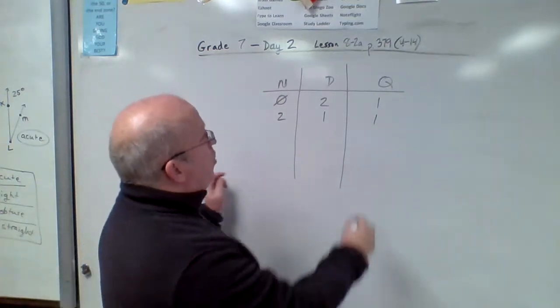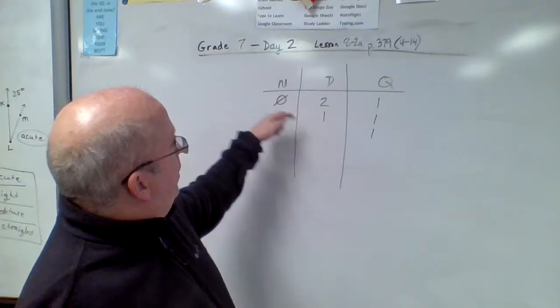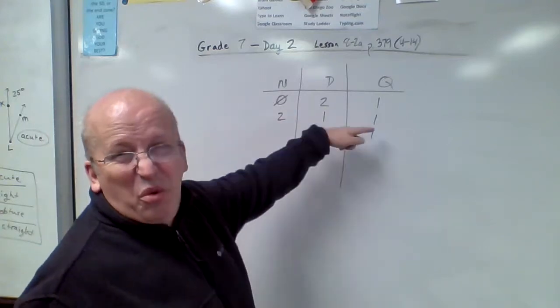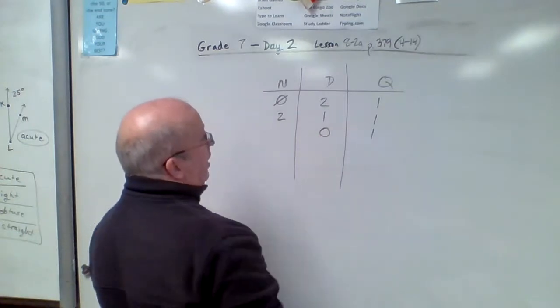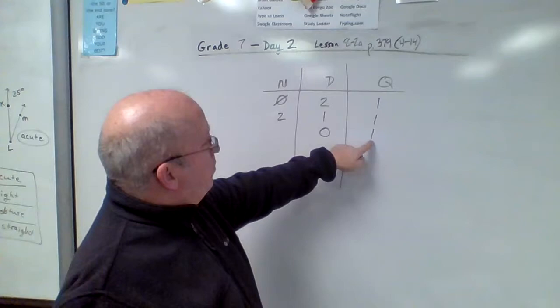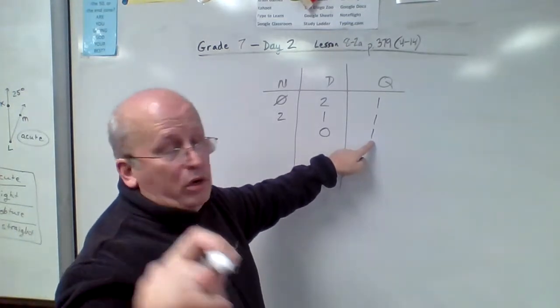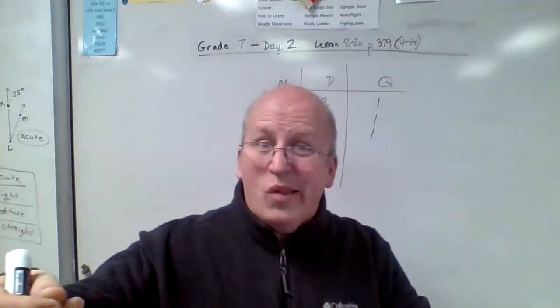Is there another way to do it with 1 quarter? Notice this number's dropping and this number's getting bigger. We're trying to be organized here. What if I do it with 0 dimes? And how many nickels would I need? Well, to get from 25 cents, 1 quarter, to 45 cents, I'd need an additional 20 cents.